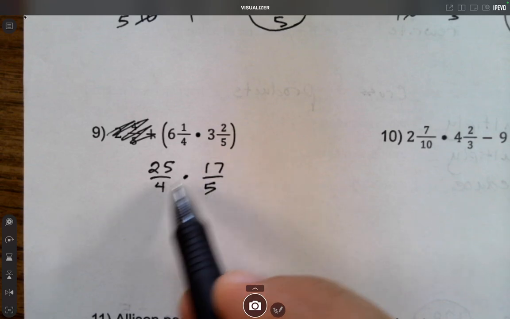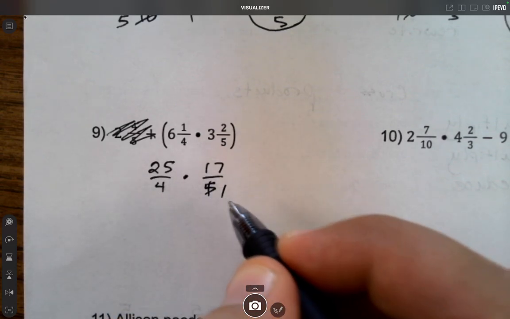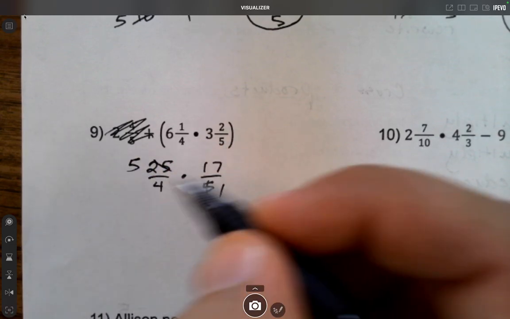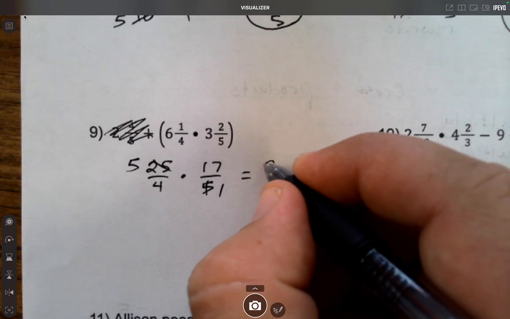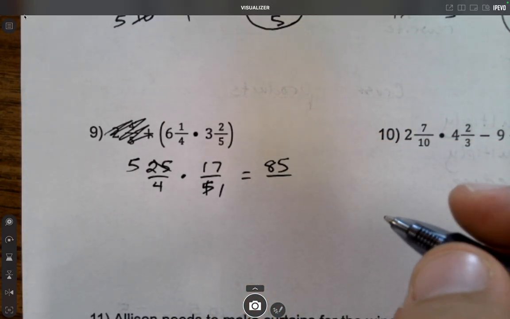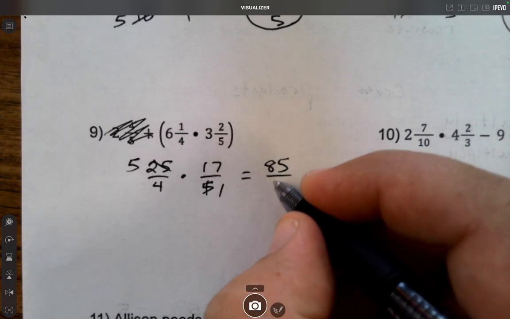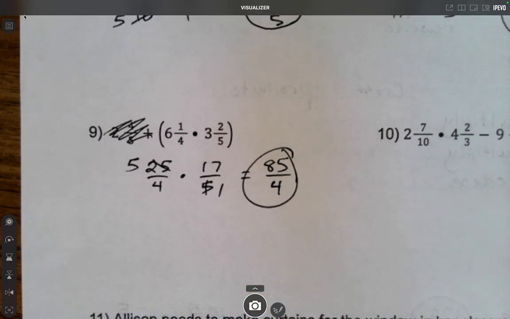So 4 and 17 have nothing in common, but we can divide 25 and 5 by 5. 5 times 17 is 85. 4 times 1 is 4. So without doing the addition part, just the multiplication, we get 85 times 4.